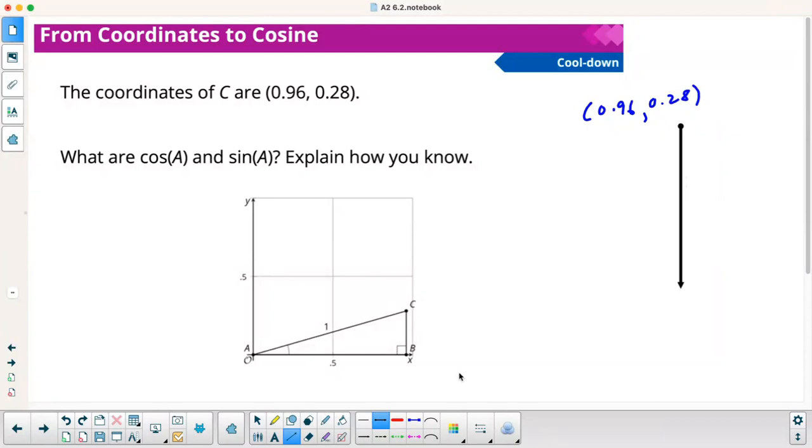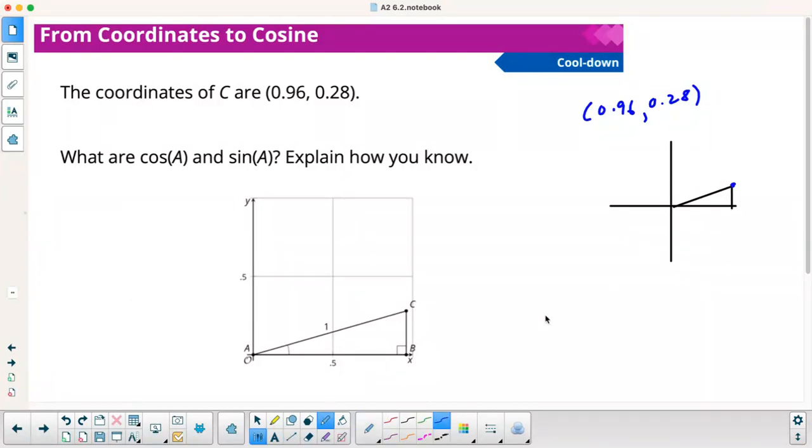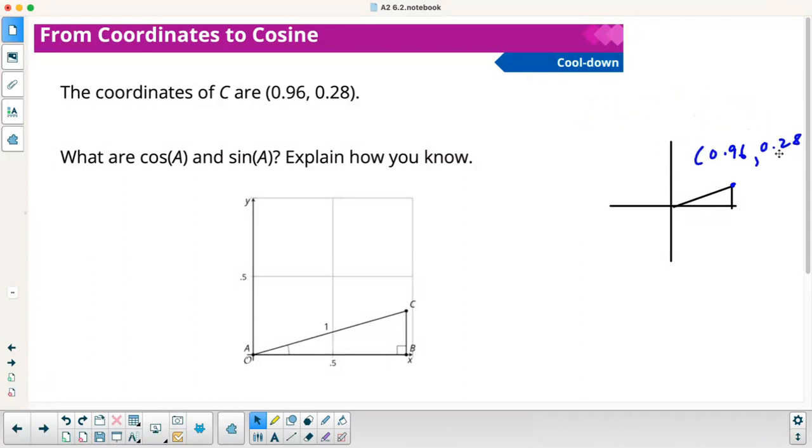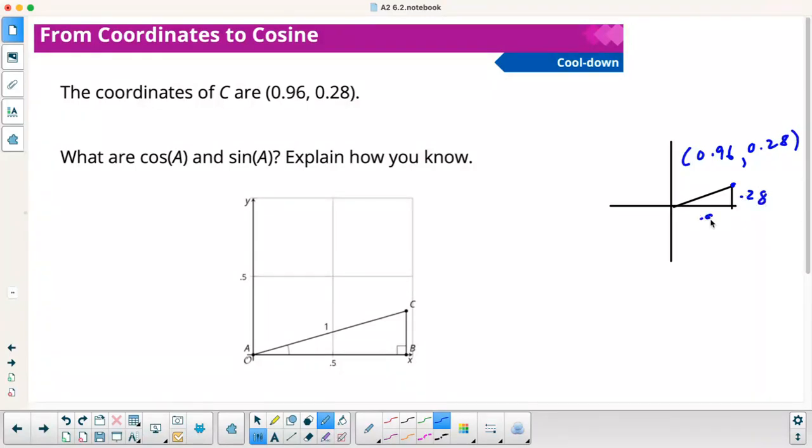Let me draw. So maybe it looks something like that. So there's my right triangle. So here's my point right there. You can think of it like this is 0.28 and this side is 0.96.